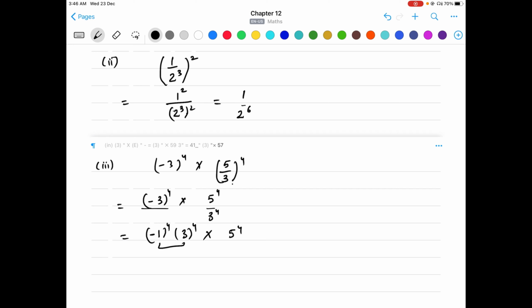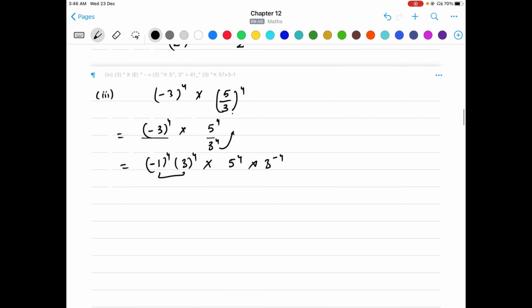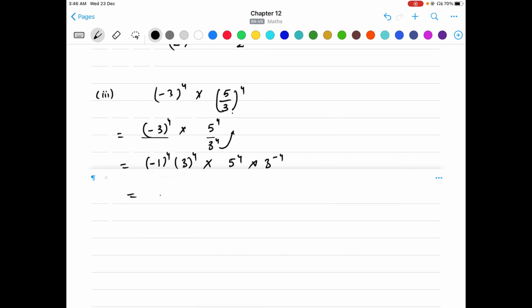Then we have this into 5 power 4, and when you shift this on the upper side, it will be 3 power minus 4. Let's simplify this now. This minus 1 power 4 will again give us plus 1, because the power is an even number, so this minus will be eliminated. Then we have 3 power 4, and here we have 3 power minus 4.